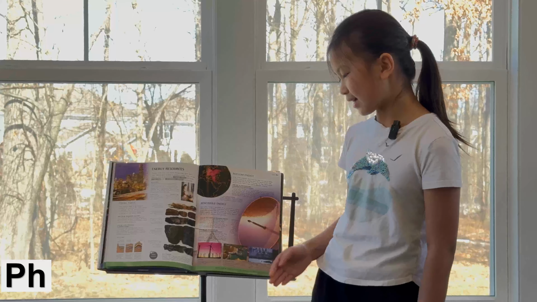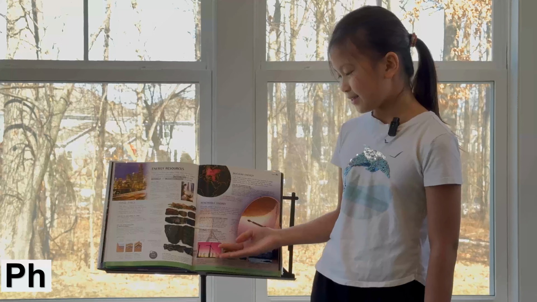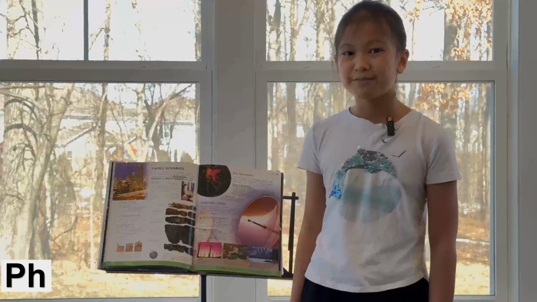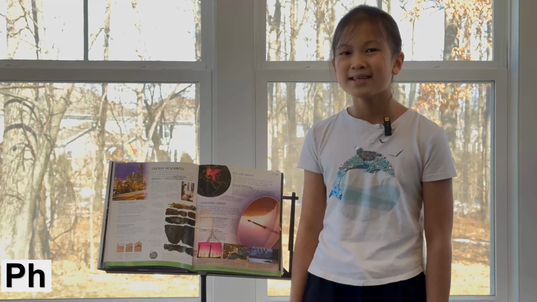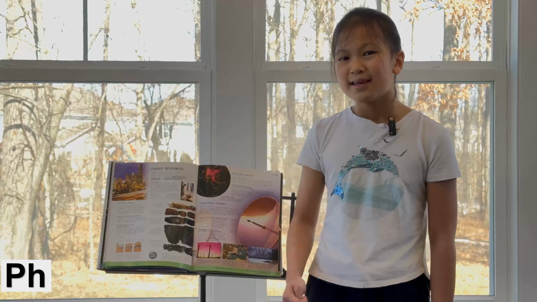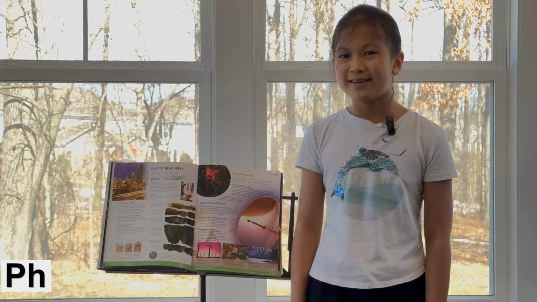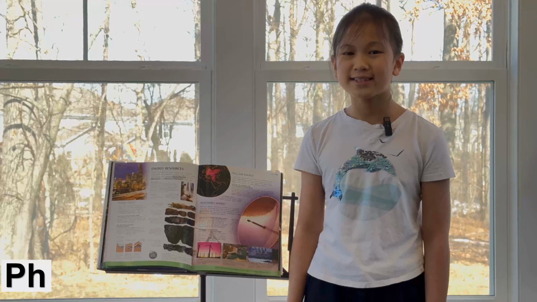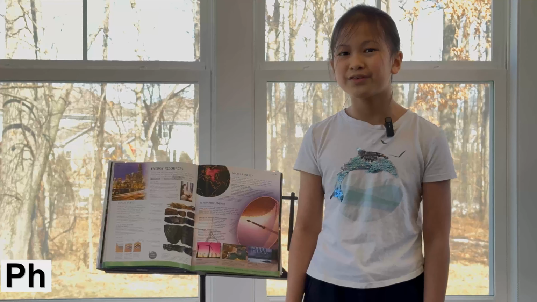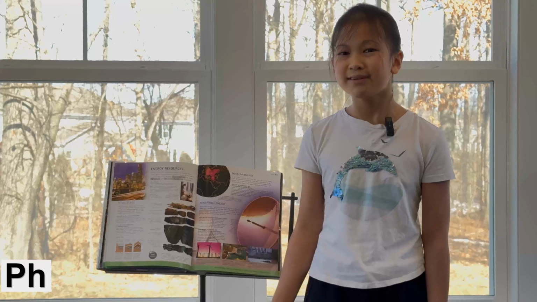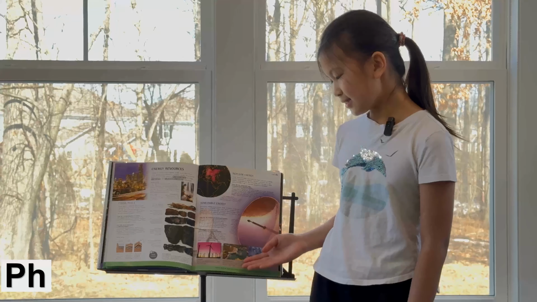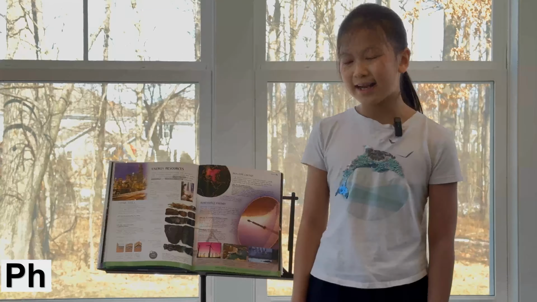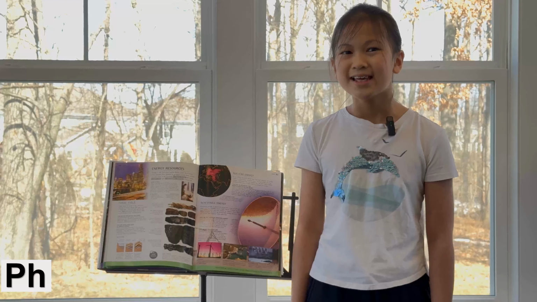And now I'm going to talk about these pictures. In this picture, this shows wind power, and wind power spins turbines that eventually go into a generator. This generator sends electricity into the homes of people who need it. This type of energy is called hydroelectric energy.